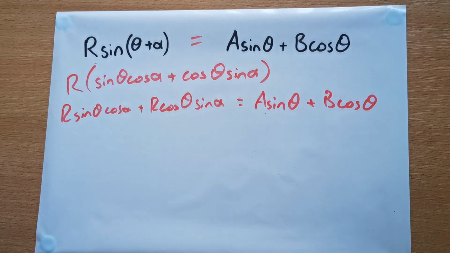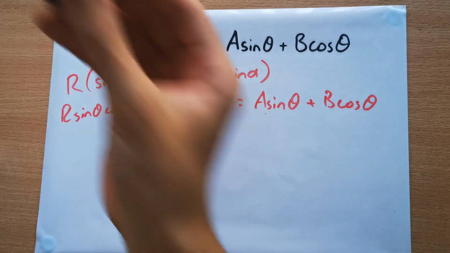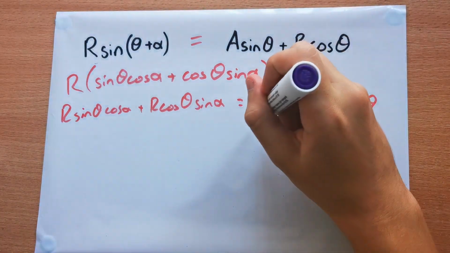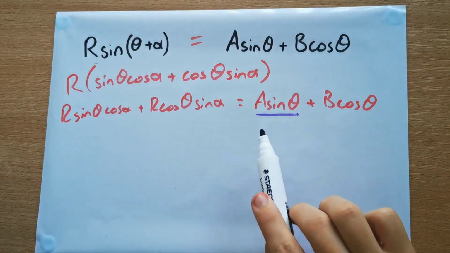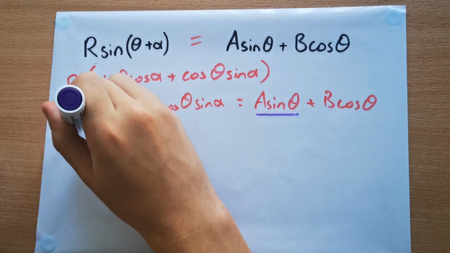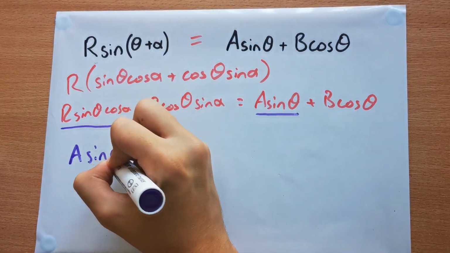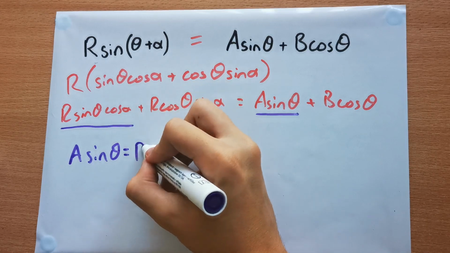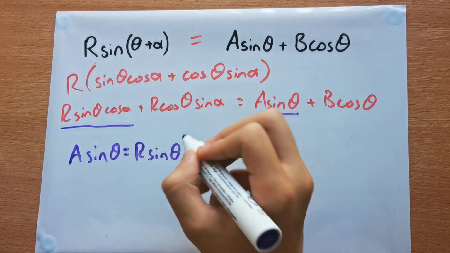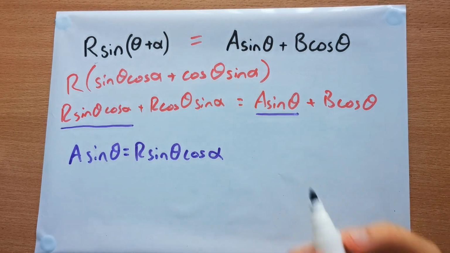Now, we know that because these are equal to each other, a sine theta has to be equal to the part in this with a sine theta. So you could write a sine theta is equal to r sine theta cos alpha.